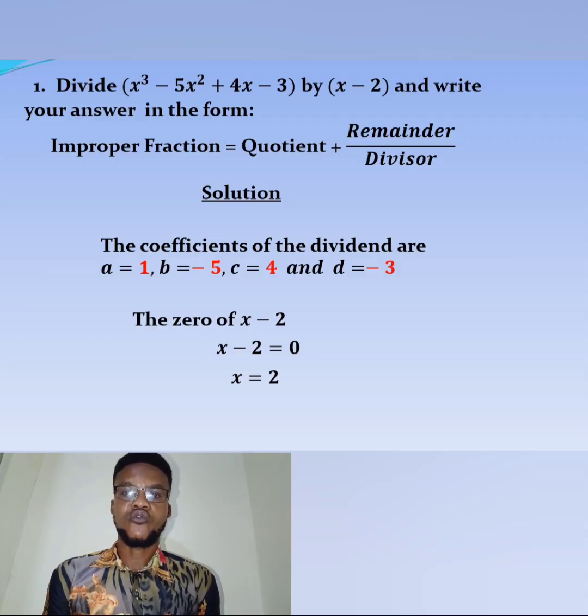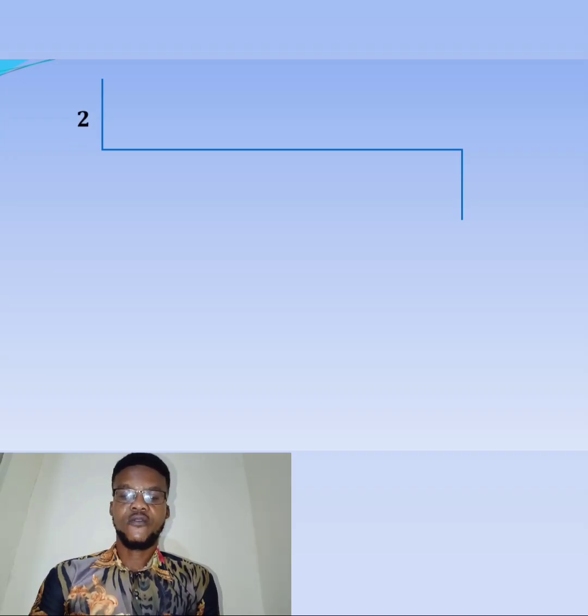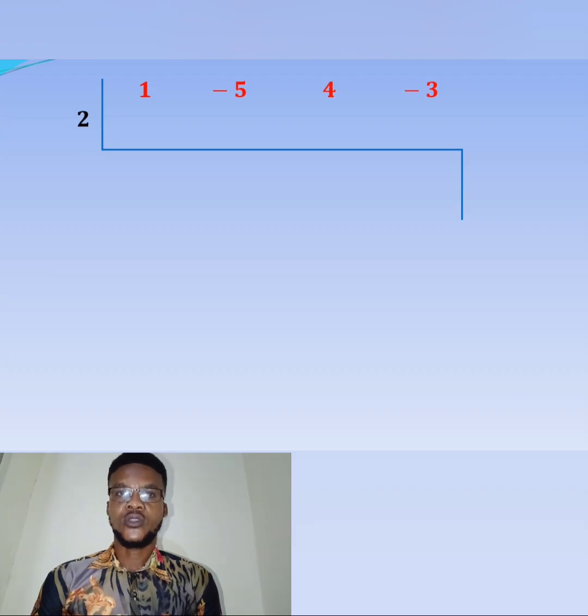Once you are able to get your coefficients and your zero, what do you do? What you do is that you go ahead and do the calculation. Have you gotten that? So you fill in your coefficients and the zero. I'll write my zero first, which is the 2. Then I will also fill in my coefficients, all of them, until they are exhausted.